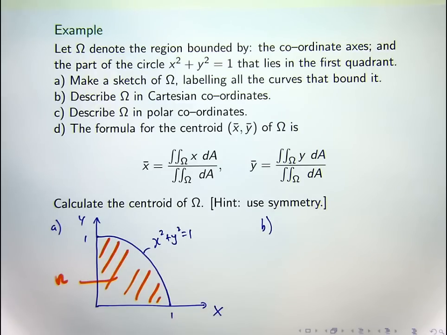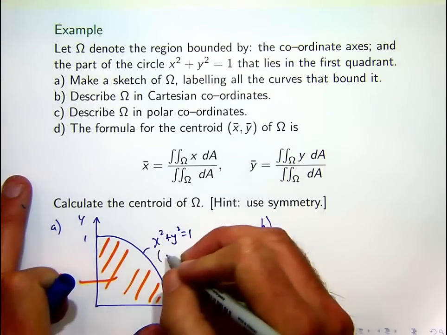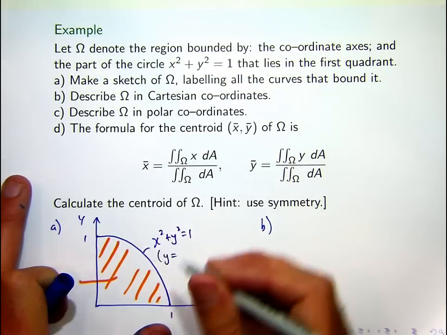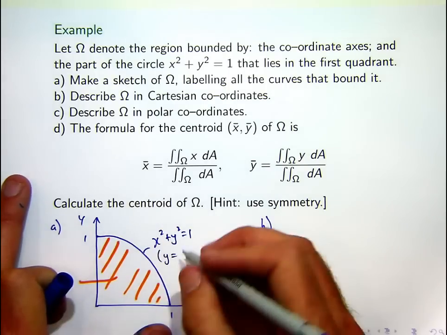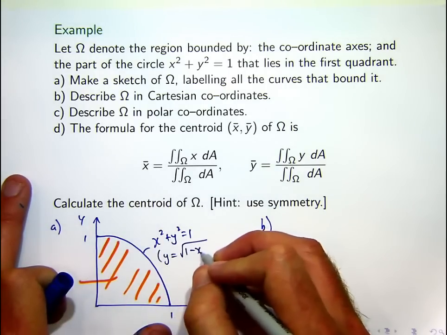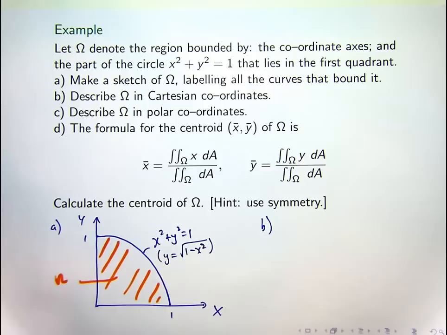Now, that's the way I'm going to do it actually. So I'm going to write this as a function for this part. You can see that y is non-negative, so I can write just this part of the circle like this. In other words, y is a function of x up here.